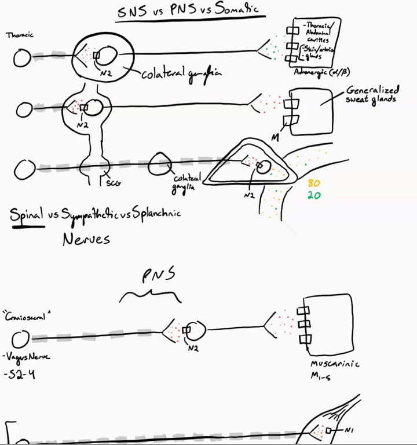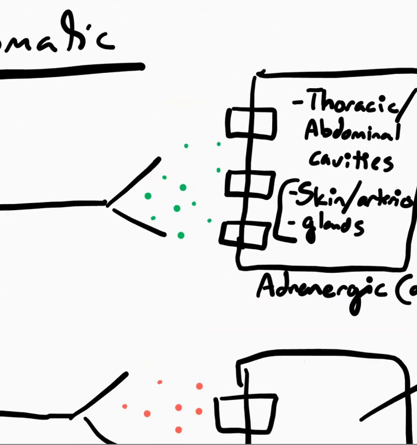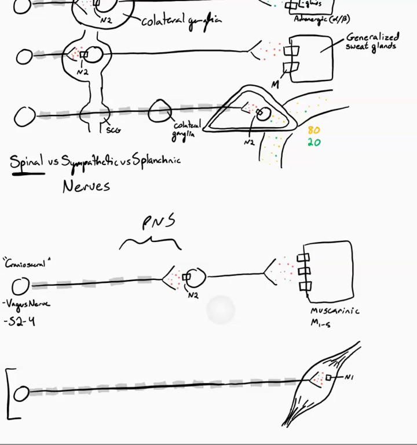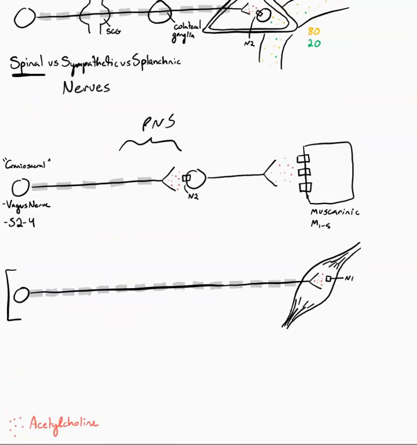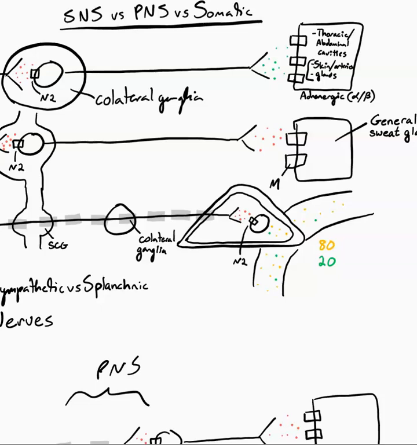And so they will synapse in the sympathetic chain ganglia and then go off to either skin, arteries, or glands. And as they reach skin, arteries, or glands, they're going to release norepinephrine, this little green dot. And as they release that, it will allow a change within those specific tissues.